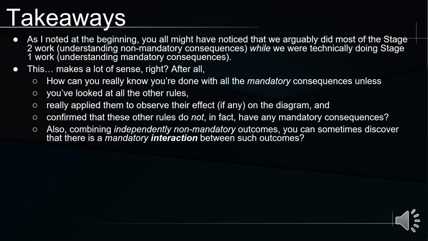But when we combined that with Rule 1 and where K could go, all of a sudden it seemed like we got a new mandatory outcome. K all of a sudden had to be third, and H all of a sudden had to be second. And that mandatoriness did not come about until we started trying to combine the rules together, right?